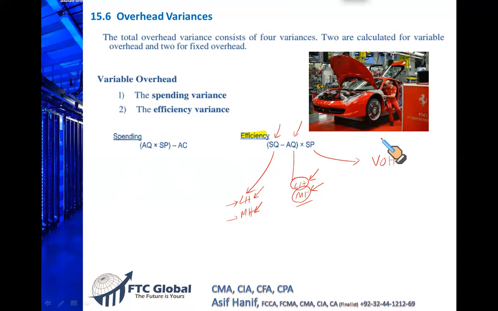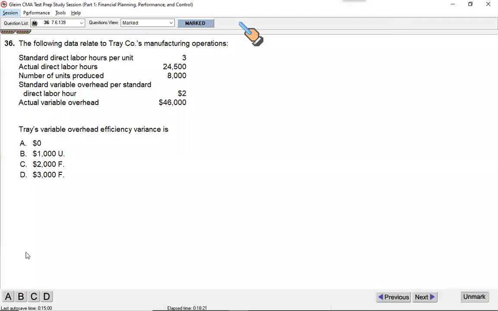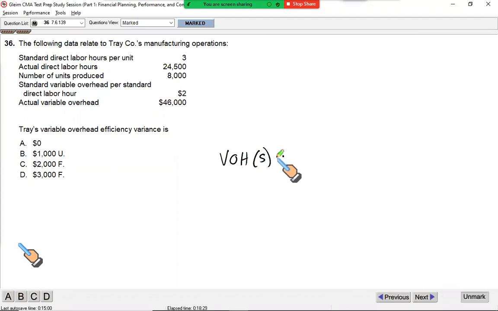Okay, now let us try to apply these formulas if we could find some good question, and then we'll move on. Okay, now this appears to be a good question that we can use to grip the idea. We have just learned that variable overhead spending variance is actual quantity into the standard price, that is the variable overhead rate, minus actual variable cost.